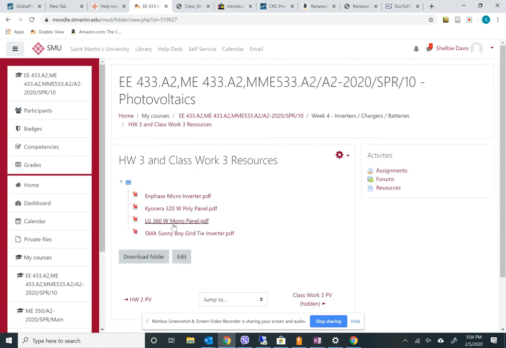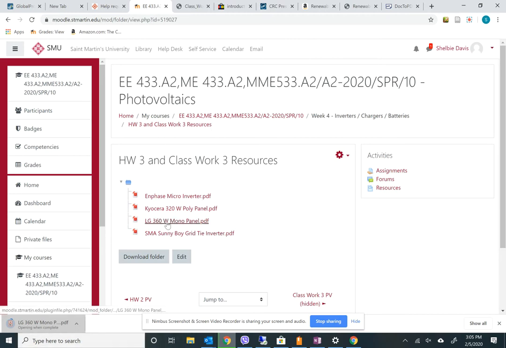So it's this panel right here, the LG 360 watt mono panel. We looked at this Monday. So we'll pull that up. Mine is taking so long to download.